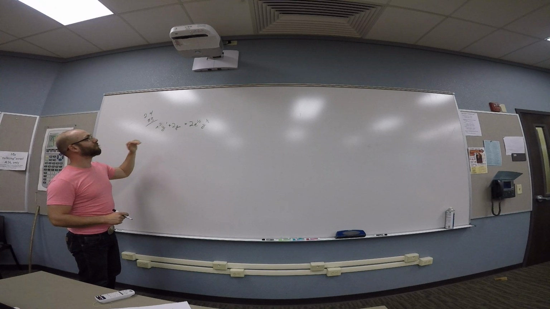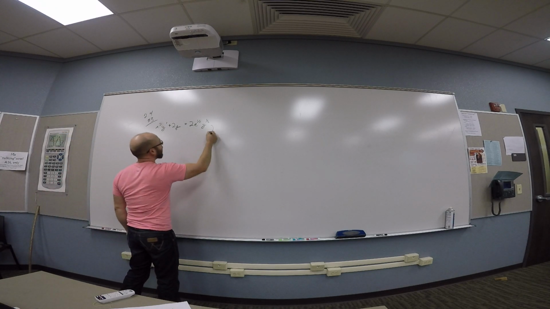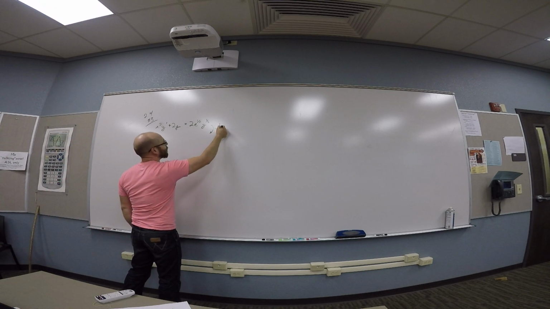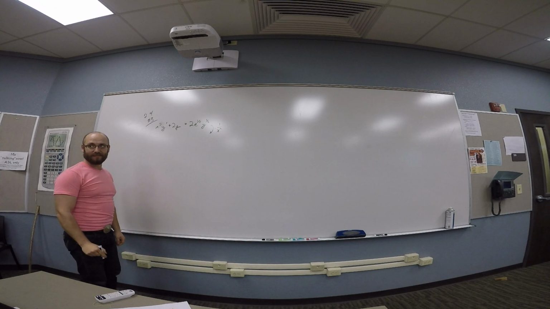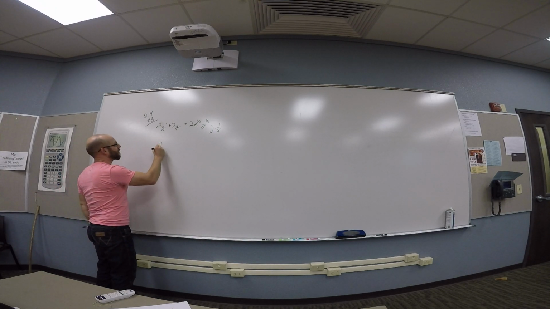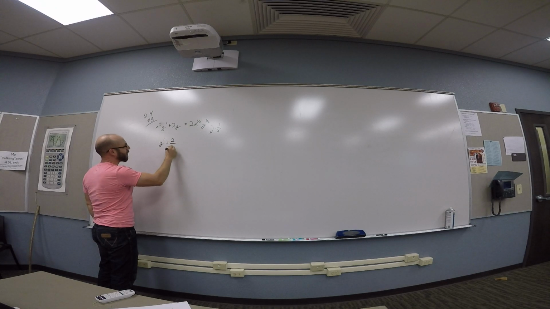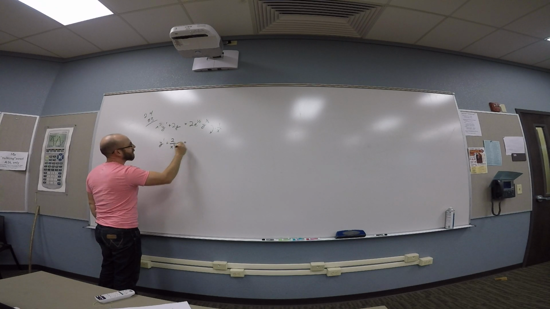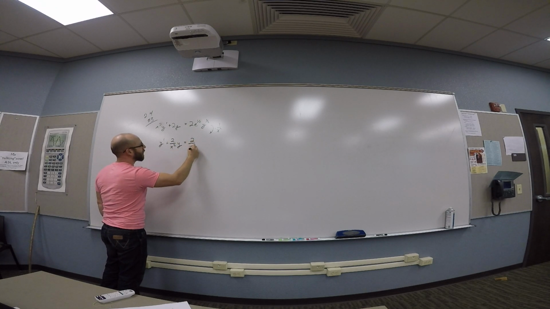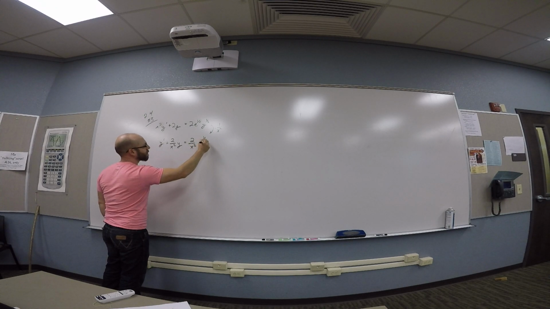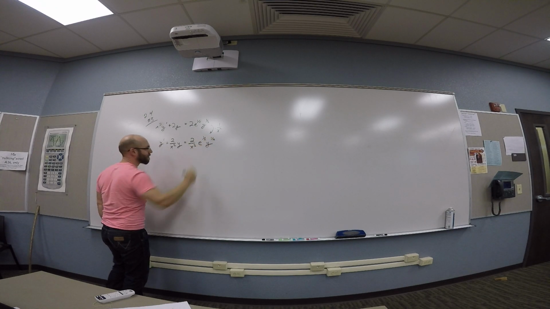Alright, so first things first. I'm gonna multiply through by 1 over x squared. Okay, so I got y prime plus 2 over x squared y is 2 over x squared e to the 1 over x, y to the 1/2 power.